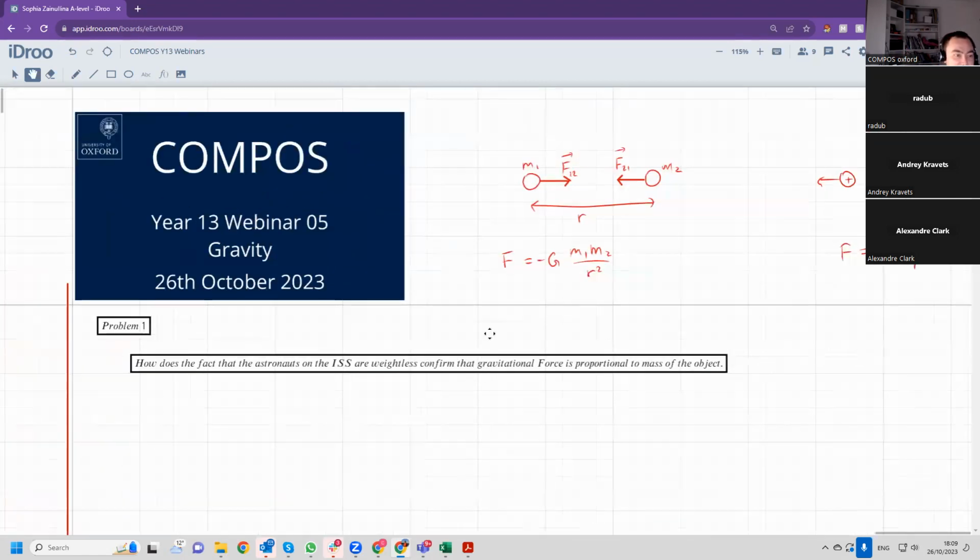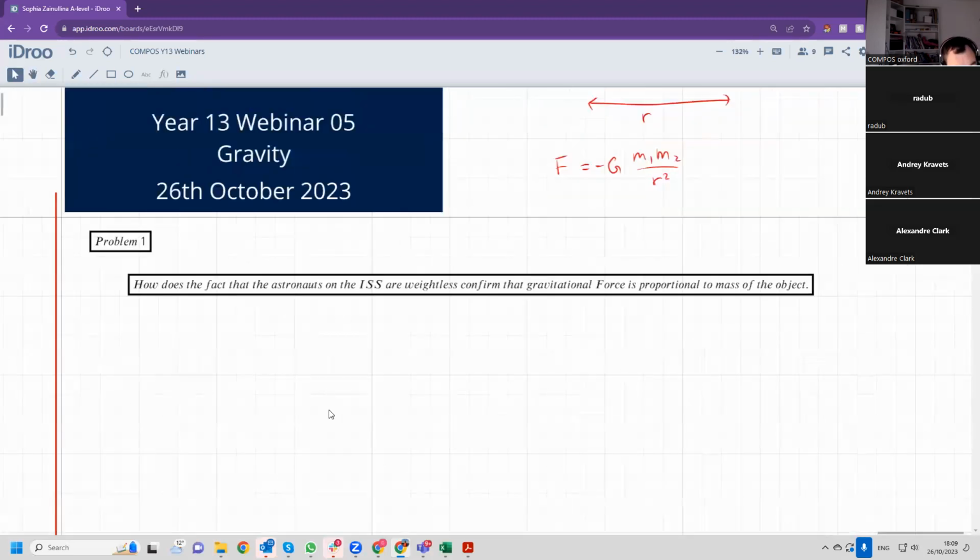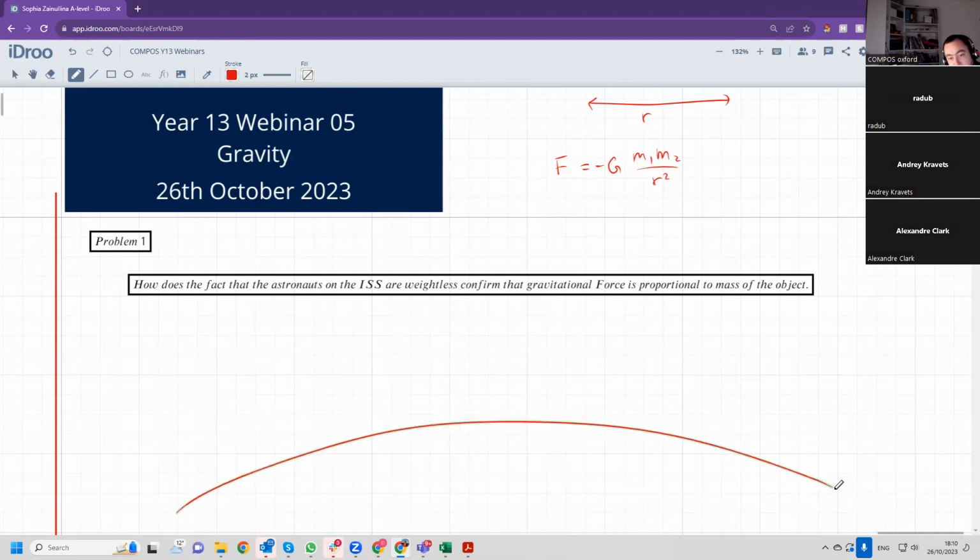Problem 1 is quite simple. How does the fact that the astronauts on the ISS, the International Space Station, are weightless confirm that the gravitational force is proportional to the mass of the object? If you imagine that this is the planet Earth, and there's the space station.